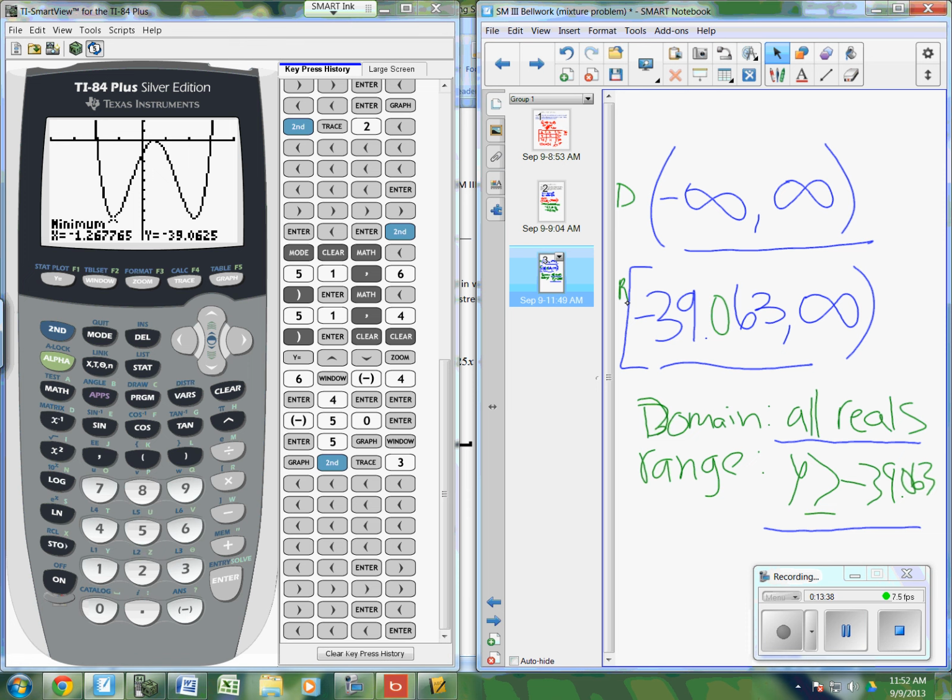Yeah, yep, exactly. So like right here, he put that greater than or equal to sign right there. That means it included that point. Okay? And so this graph only exists from negative 39.063 and up. It doesn't exist below there. Does everybody understand that? Okay. All right, so that's the domain and range.